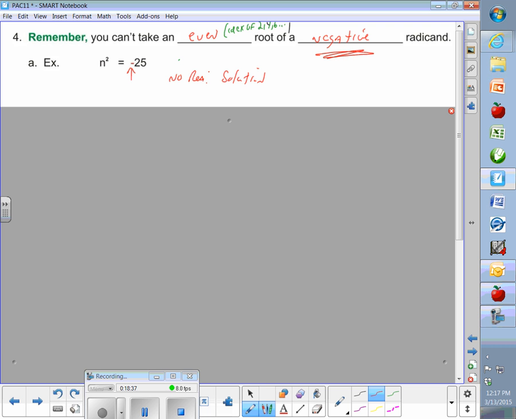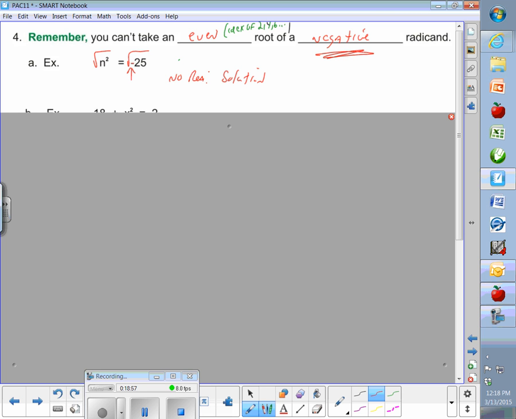All right, so somebody said no solution earlier, and that's not true. There is no real solution. So don't write this, just watch for a second, okay? If I didn't catch this, and I tried to do this, don't write anything. What's the square root of negative 25? No, negative what? 5?